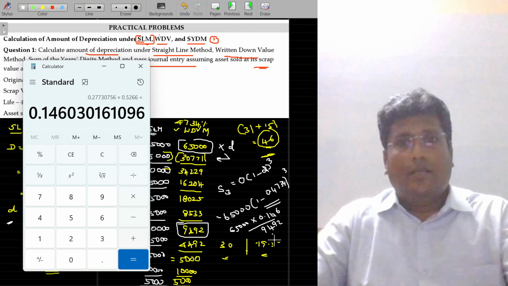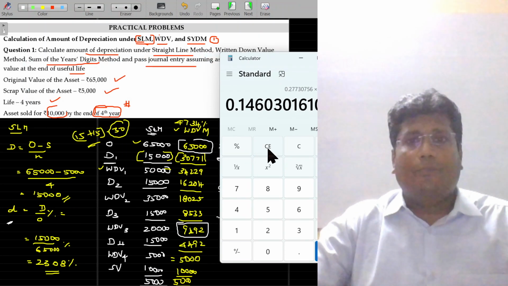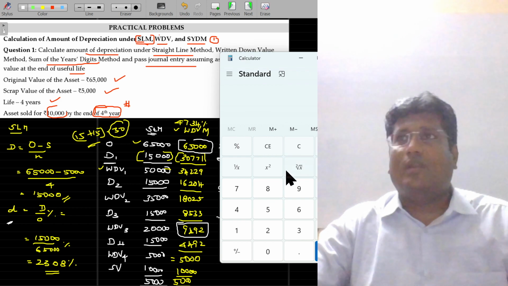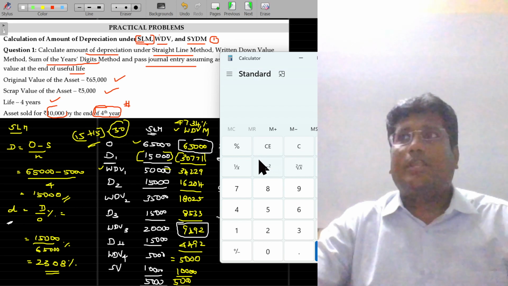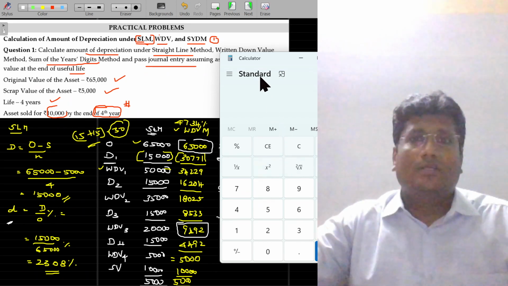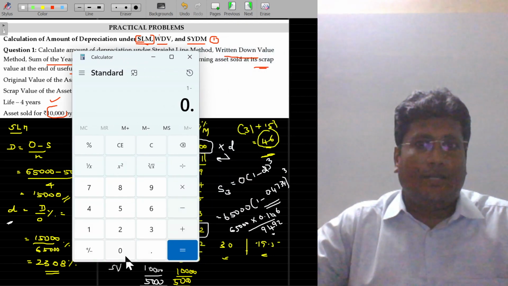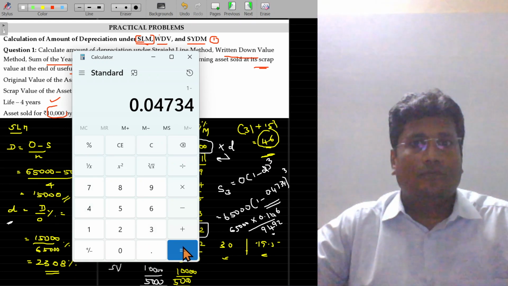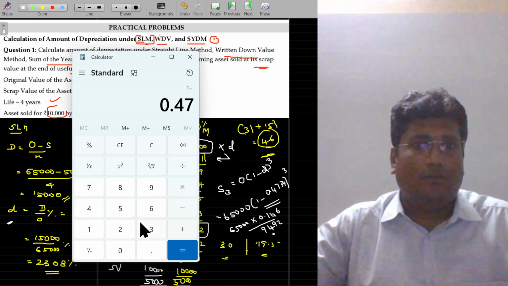Now, if you are using a non-scientific calculator, I will tell you the shortcut here for the power calculation. I don't know whether I will be able to get the same format in a computer or laptop calculator, but it will work in your non-scientific calculator. See, 1 minus 0.4734.